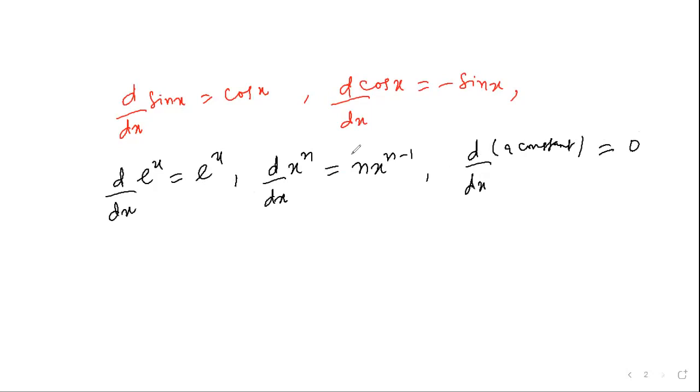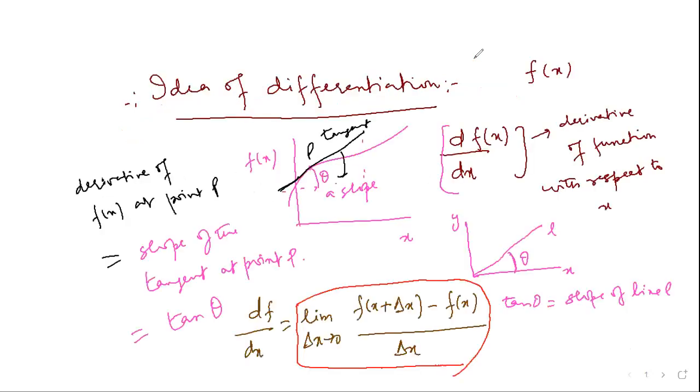is 0, because the derivative of a function, let me go back, this derivative of a function gives us what? It gives us also the rate of change of function with respect to x.